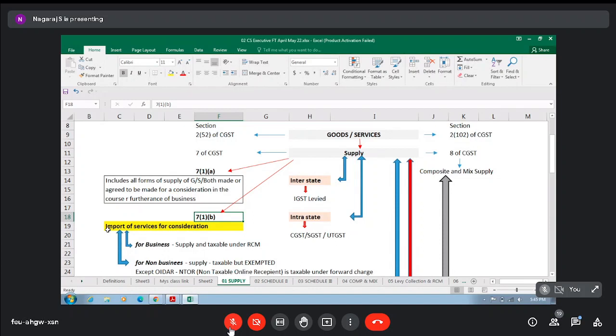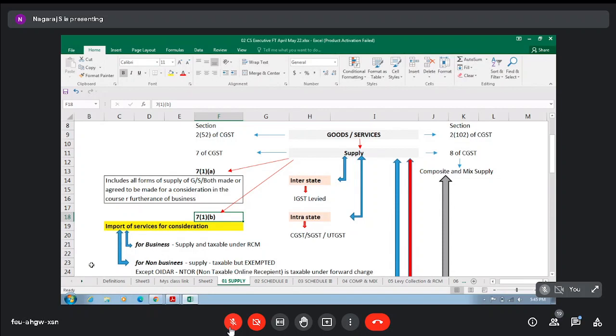impose on the importer to pay GST, because GST is which law? Indian law. For that very reason, imports are covered under RCM.